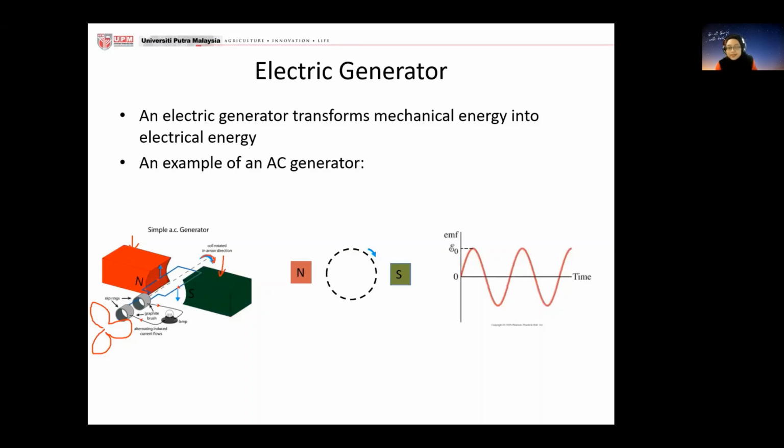Another thing that is worth highlighting is you have slip rings here, graphite brush. I don't know if you can see that, it's there. And you have your basically the load here. So just imagine this generator is used to light a light bulb.